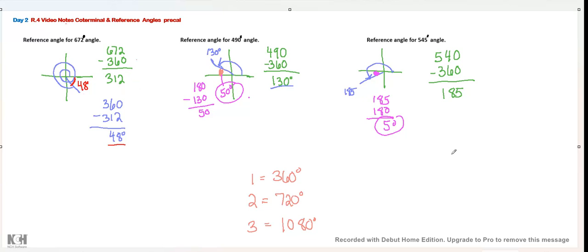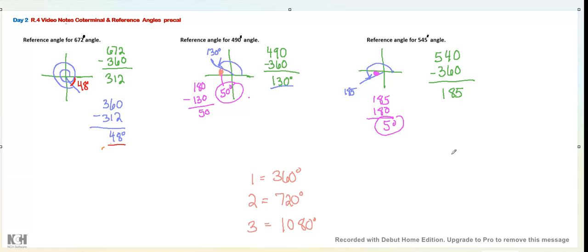So with 672 degrees, when you start taking away complete cycles, 360 degrees leaves us 312 degrees. I know that's in the 4th quadrant. We want to know how much is left over. The x-axis here is 360 degrees. Take away that 312, and that leaves us with 48 degrees to get back to the x-axis.